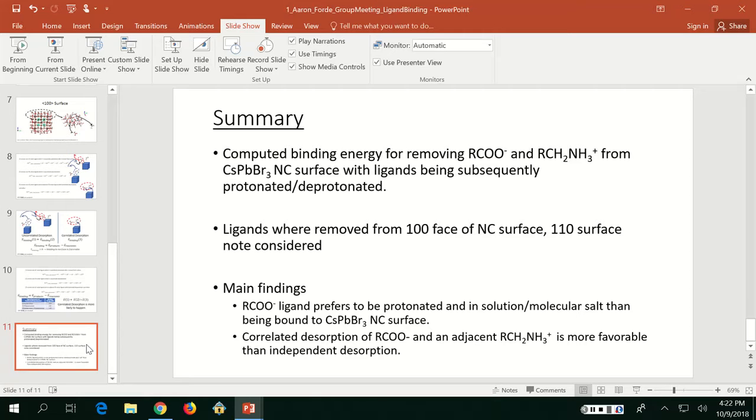Jared, I have a question on your binding energy calculations. You found that when you calculate each ion separately, the binding energy is higher compared to the correlated one. Is it because of the interaction between the ligands?